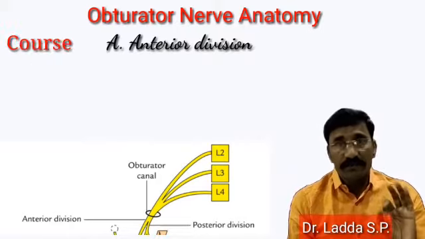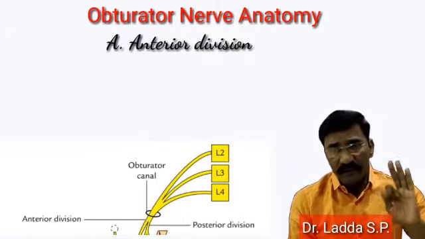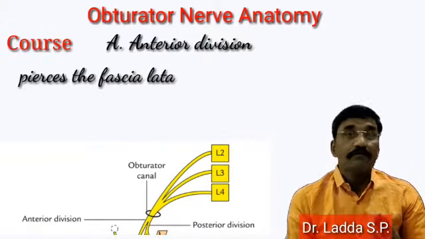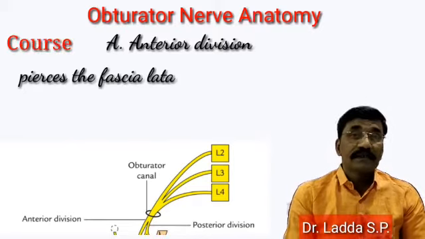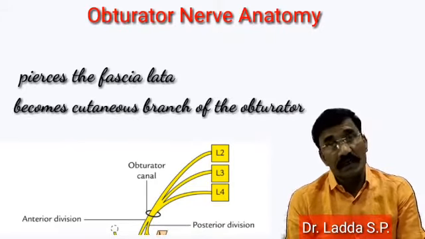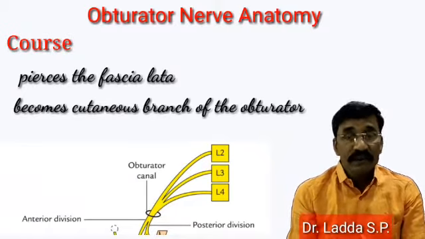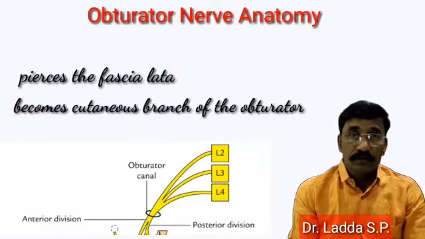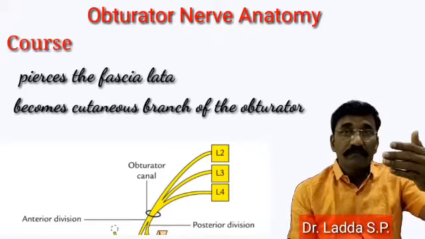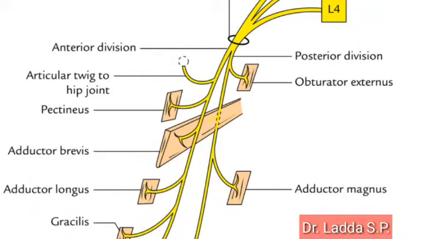After supplying these muscles, the anterior division pierces the fascia lata, and now it becomes the cutaneous branch of the obturator nerve.